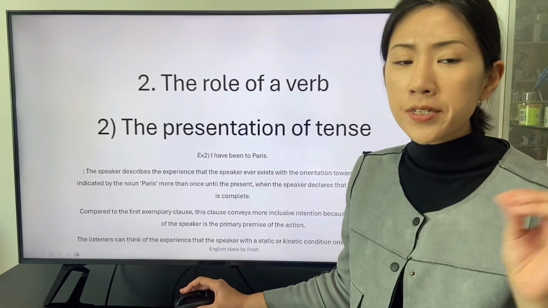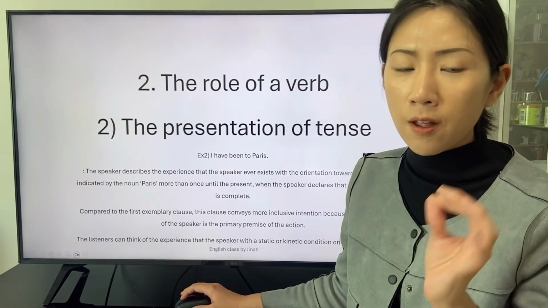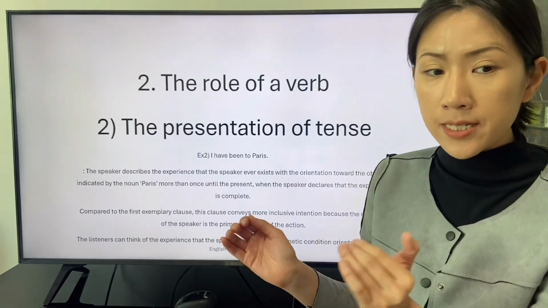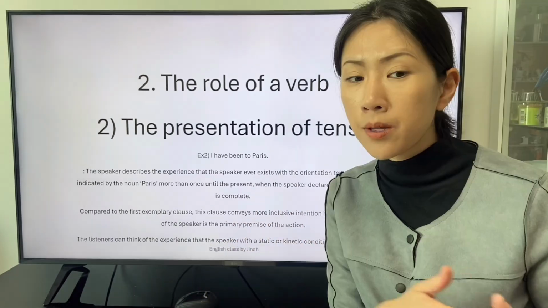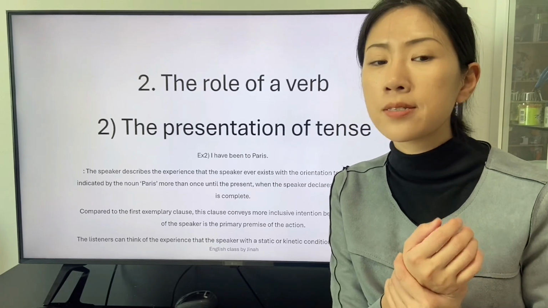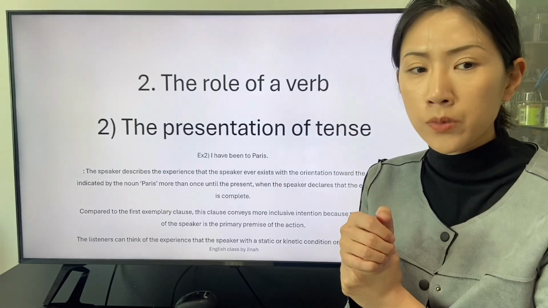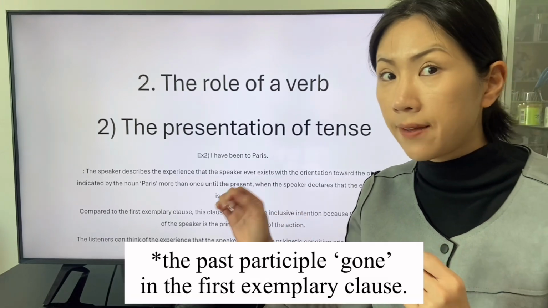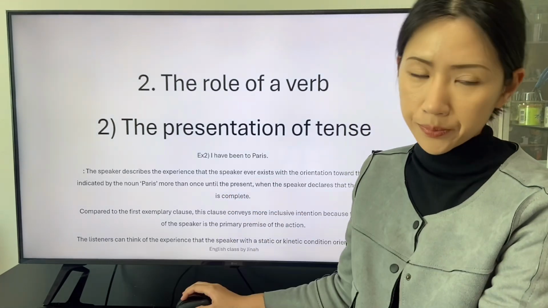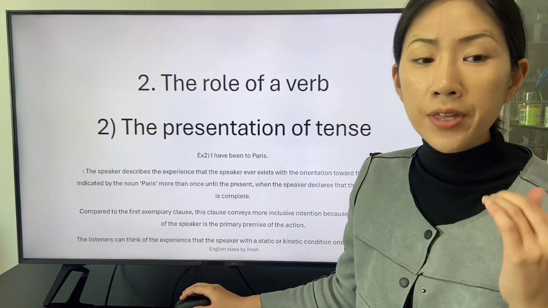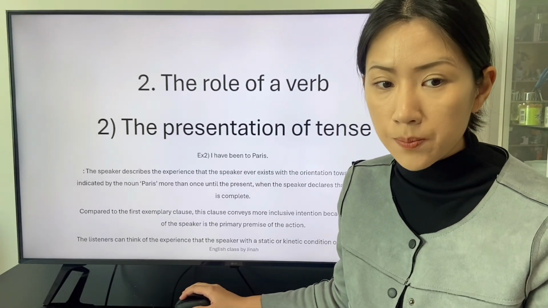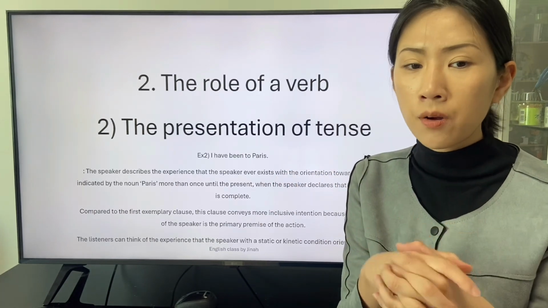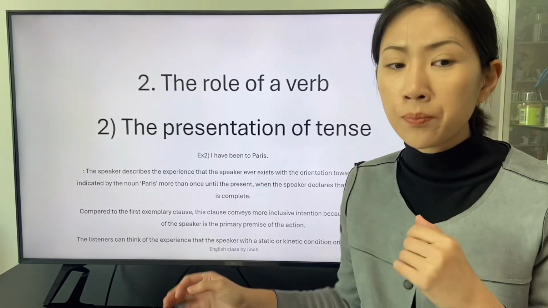Compared to the first exemplary clause, this clause conveys more inclusive intention because the existence of the speaker is the primary premise of the action. The listeners can think of the existence that the speaker with a static or kinetic condition orients to the object.